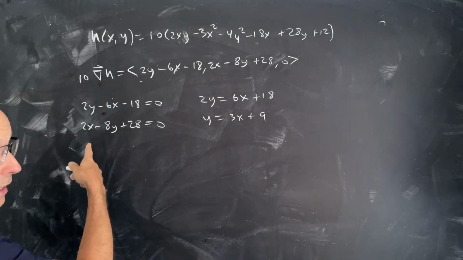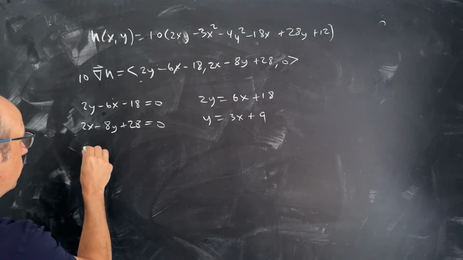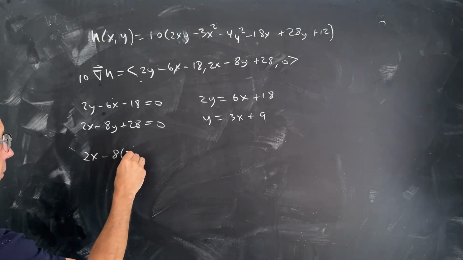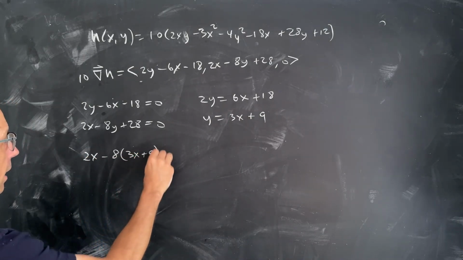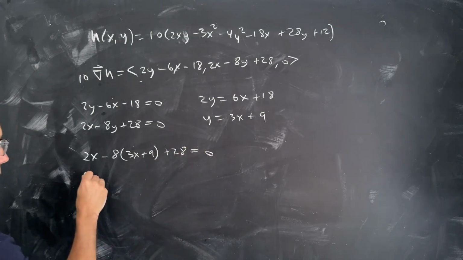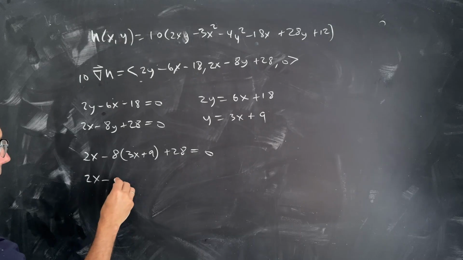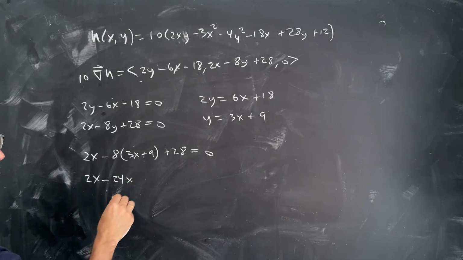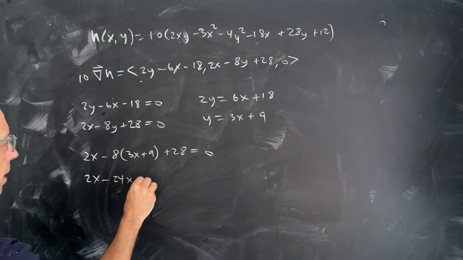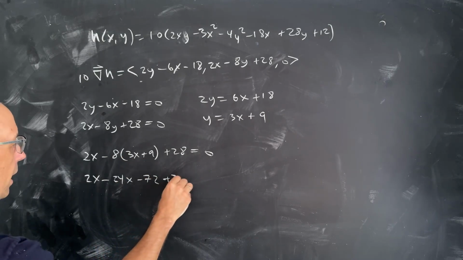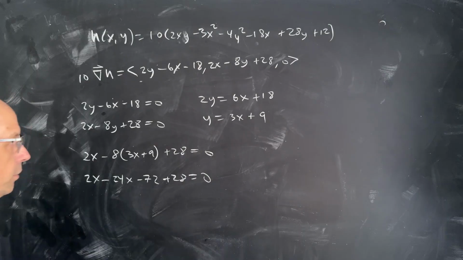Now I can plug that in over here and solve for x. So I have 2x minus 8 times 3x plus 9 plus 28 equals 0. So that's 2x minus 24x minus 72, 8 times 9, plus 28 equals 0.